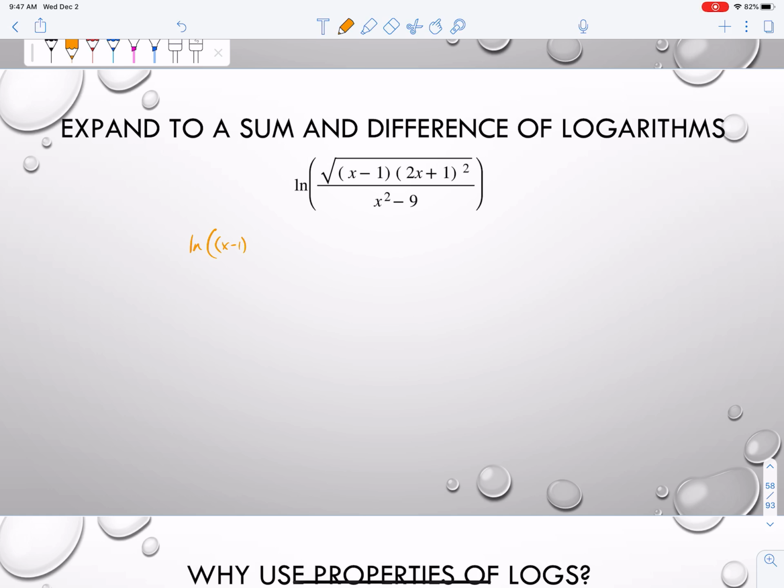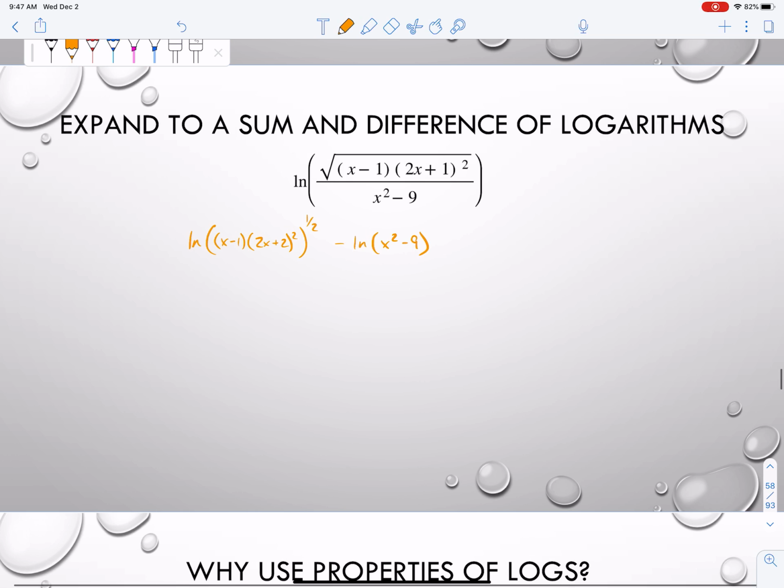All right, I'm going to write that square root as a 1/2 power, minus the natural log of x squared minus 9. Okay, it is important that I put parentheses around this because if you just had natural log of x squared minus 9 without parentheses, it would only think the x squared is part of the log.